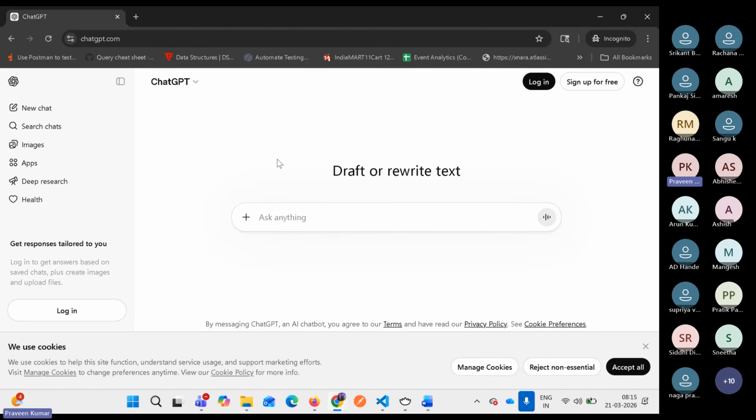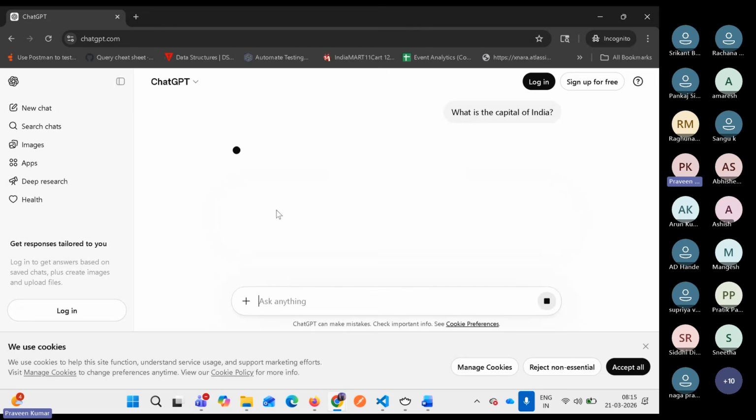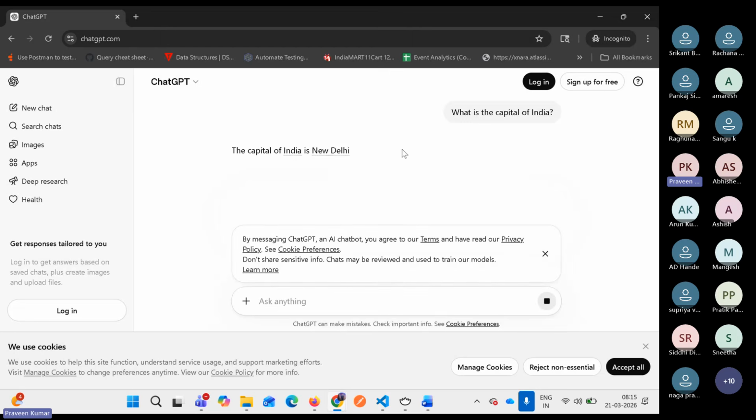That model is known as LLM, large language model. When you ask something, let's say what is the capital of India, it starts giving you an answer just because it has been taught that the capital of India is New Delhi, so it immediately gives you the answer.